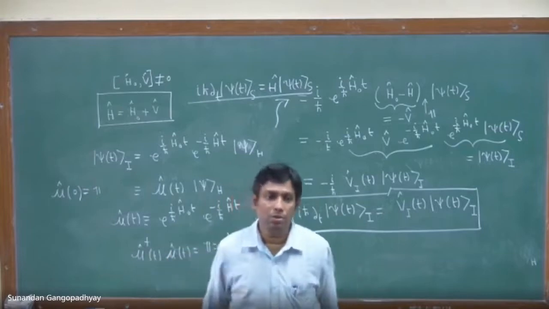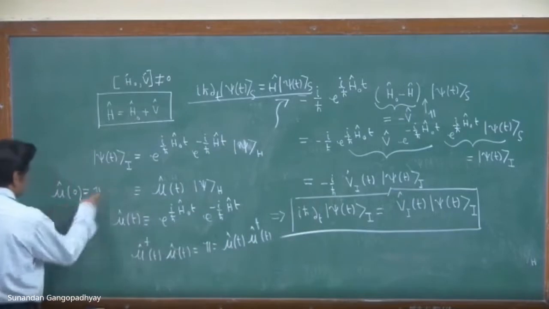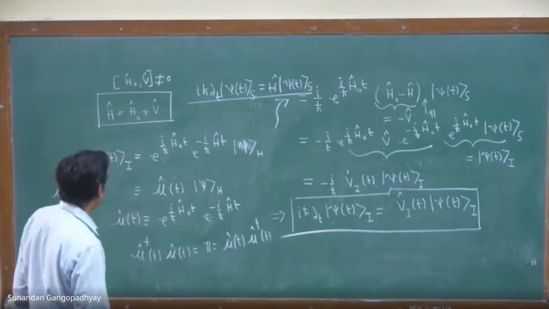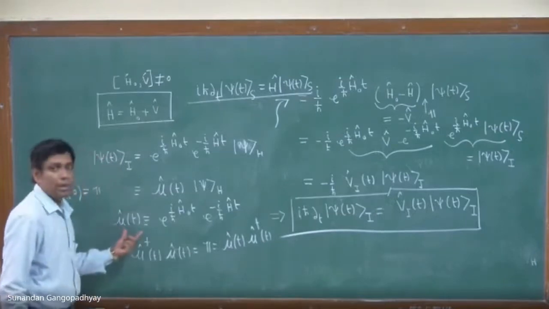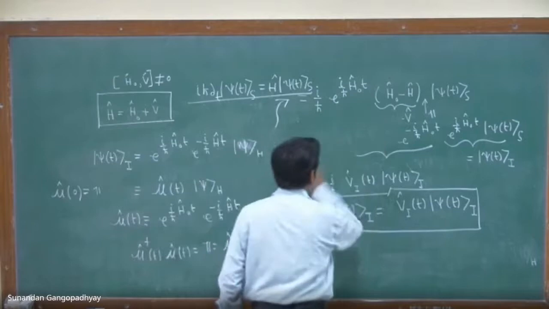Right? So that is the initial condition. And now what I want to do is find a dynamical evolution equation for this operator only. Let us see how we can do it.